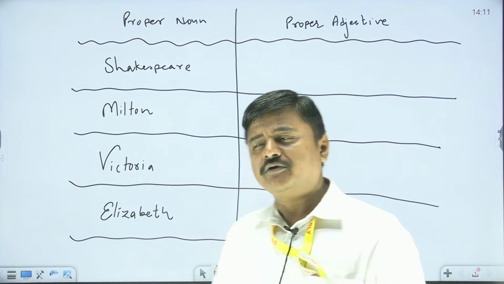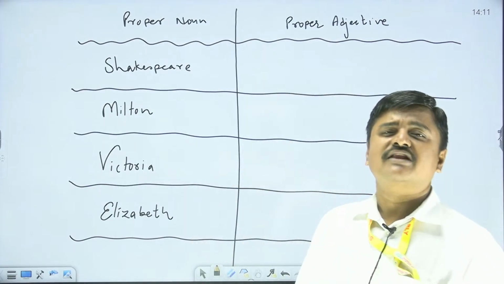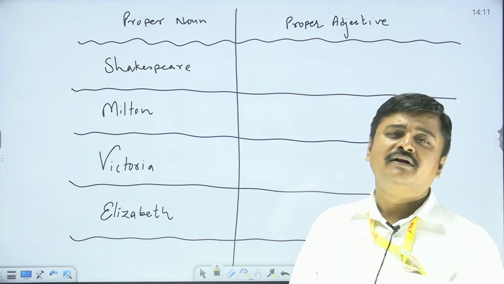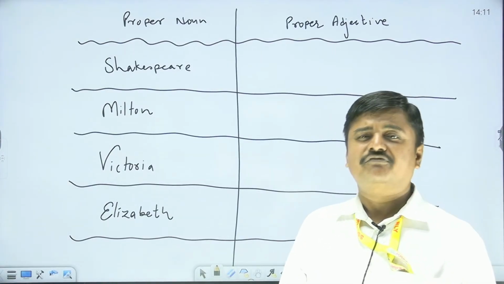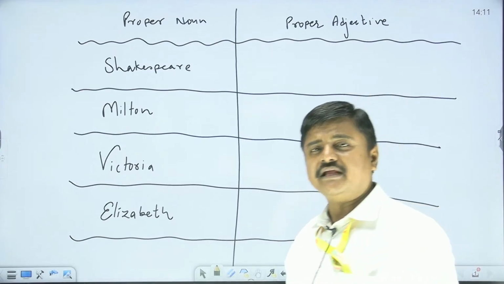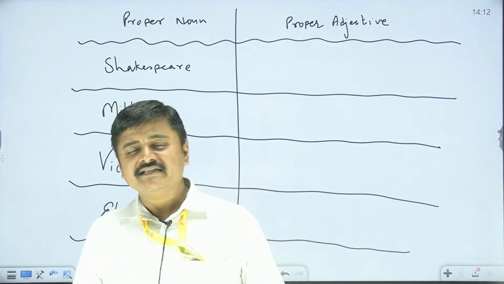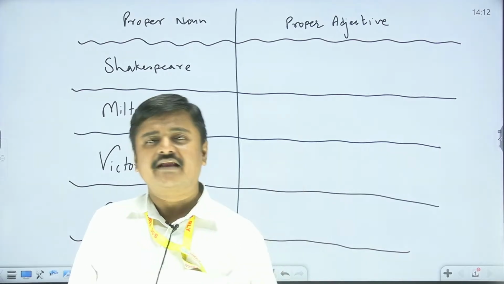We are not going to write here some Hindi names like Ram, Shyam, Sita, Geeta, Mohan, because you are not going to get proper adjectives from them. If you are making a proper adjective, it means it will have a universal appeal.